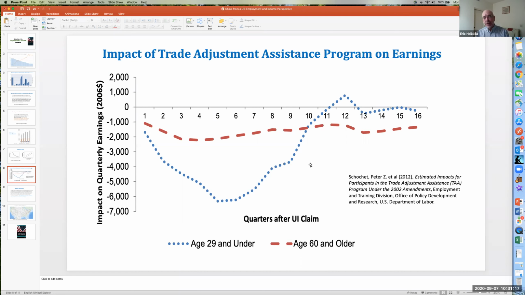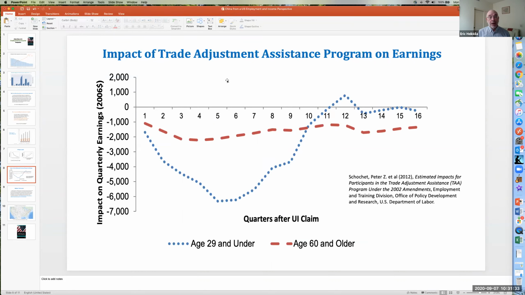The comparison is with other workers who have been laid off, who have similar attributes, who have also lost their jobs in the manufacturing sector due to competition from low-wage countries like China.